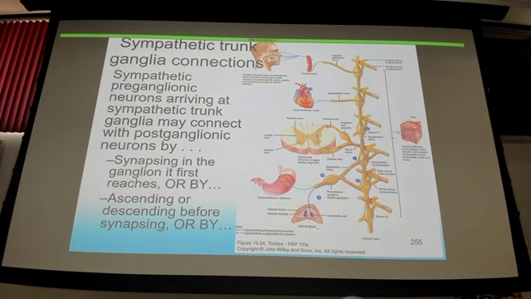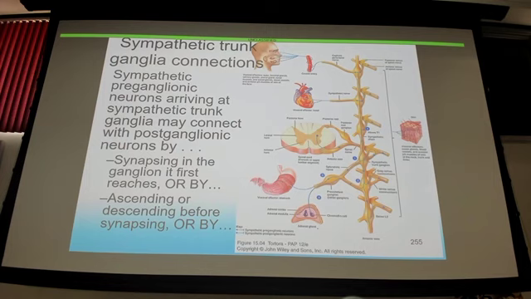So I come into the sympathetic trunk. I can synapse at the same level I come in and, hey, glad to meet you, I like this postganglionic neuron, I'm going to synapse here. Or I can go up to the top of the trunk, or I can go down to the bottom of the trunk, or I can synapse with more. Maybe I like all the postganglionics in here.